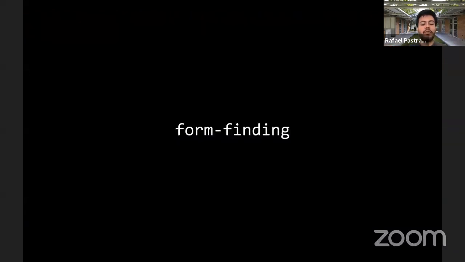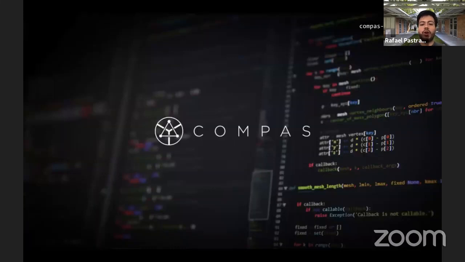So we jumped into trying to derive a form that wasn't drawn, but actually found. And we relied heavily on a computational pipeline, and we used the Compas framework, which is an open source Python infrastructure for engineers and architects. I hope that more than one of you have heard of it before.